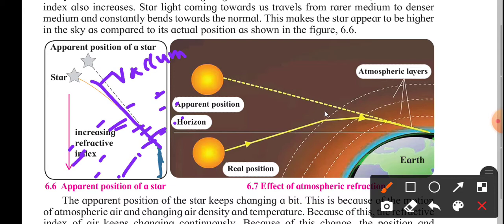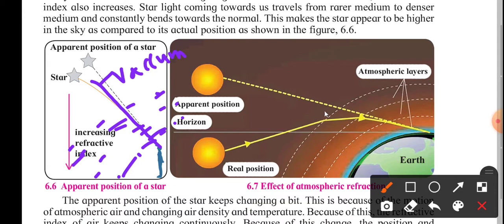When the light starts traveling from the star and enters the atmosphere, there is a change in medium, and as it goes further near the earth, the refractive index goes on increasing continuously.